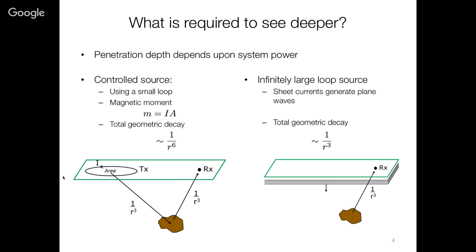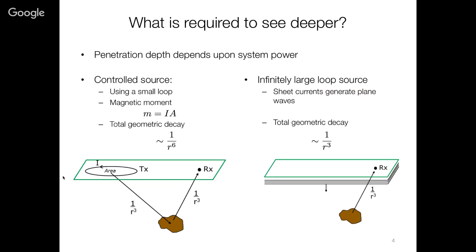So how could we overcome that? Well, we can't do anything about the currents coming up to the receiver. They're always going to go off as 1 over r cubed. But maybe we could do something about the transmitter. If we could make a really, really large loop transmitter, then we basically have a vertical magnetic field coming down. So we could have a plane wave that's moving down, and in those conditions, there's no geometric decay from the transmitter.